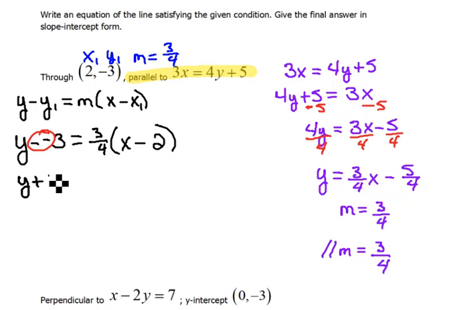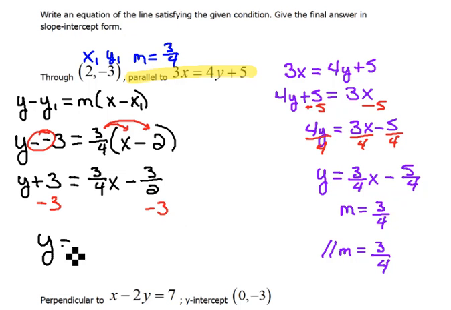Y plus 3, because the double negative is a positive, equals, I'm going to go ahead and distribute here, so 3/4 x, and 3/4 times 2 would be minus 3/2. And then subtracting 3 from both sides, we get y equals 3/4 x.